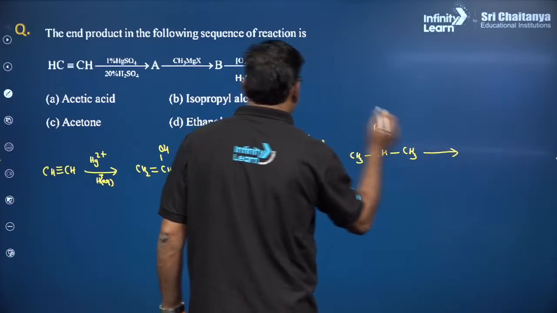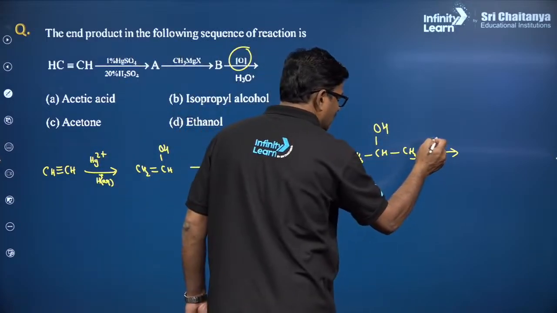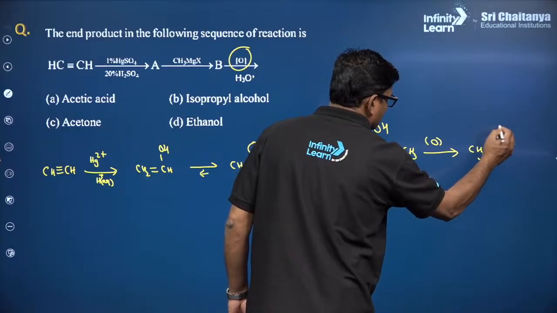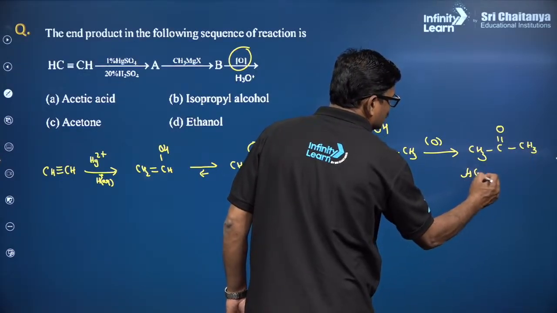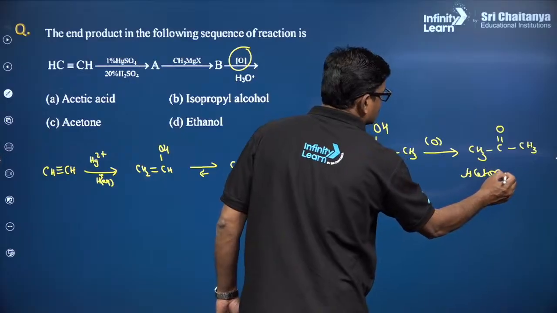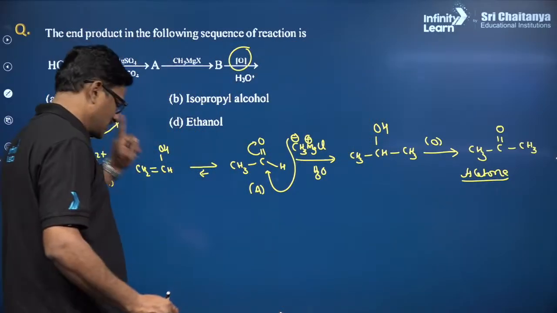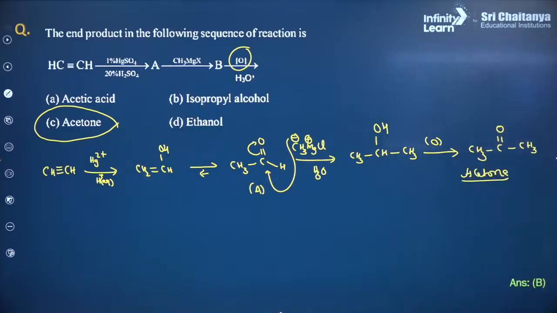Mind it, it is mentioned that it is further oxidized. After further oxidation, you will get CH3 C double bond O CH3. It is going to be acetone. So my answer for this question is going to be acetone. So it is not D, it is C.